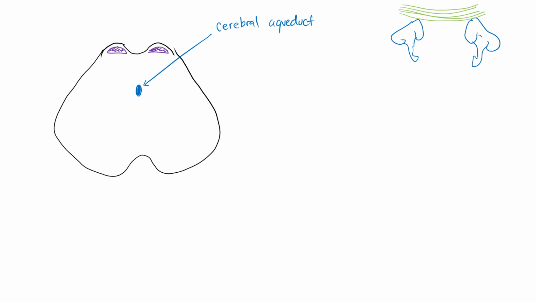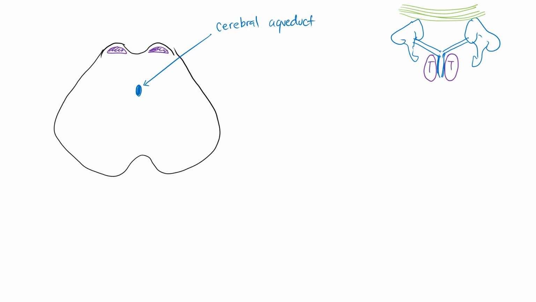But anyway, these two lateral ventricles drain into your third ventricle. Your third ventricle is actually a very small one, and you would definitely know that because it's in the middle of your diencephalon.